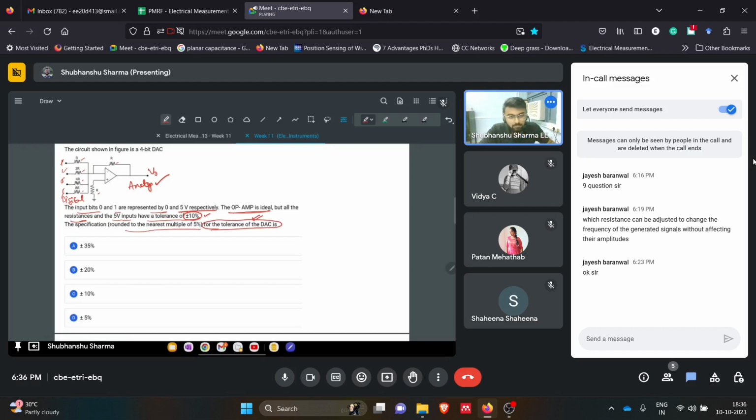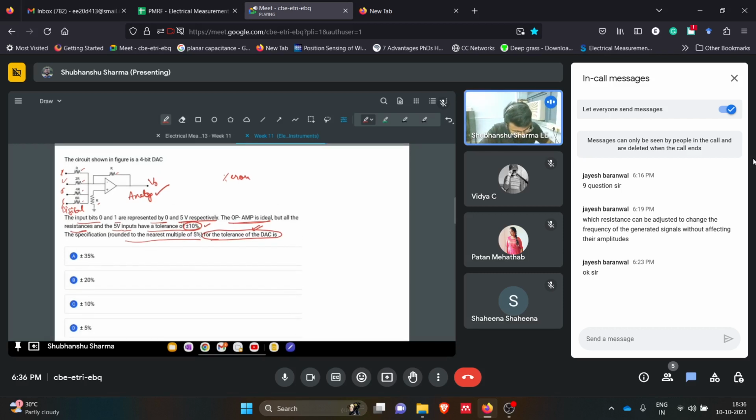So this is basically a percentage error calculation or proper measurement question, but at the same time you have to apply the concepts of op amp. So it's like a mixture of both. So how will we be solving that in this case?